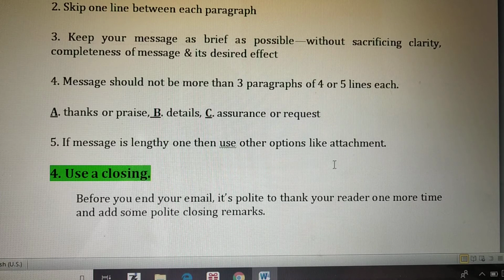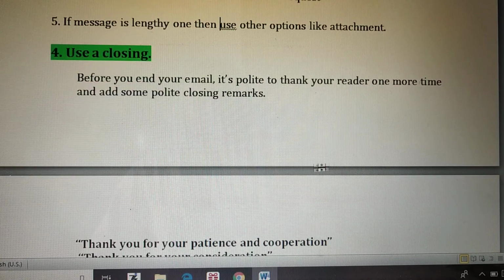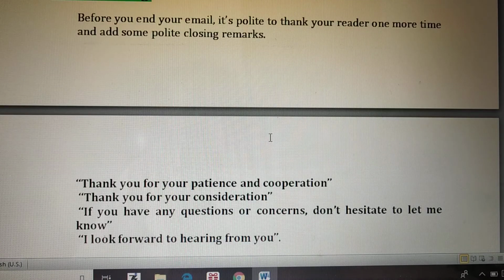You can use it. Now, your closing depends on RS and DS. RS means Respected Sir, Yours Sincerely. DS means Dear Sir, Yours Faithfully. So this kind of RS and DS relationship you have to follow. R means Respected Sir, S means Yours Sincerely. And sometimes you write good morning sir, sometimes good afternoon sir.